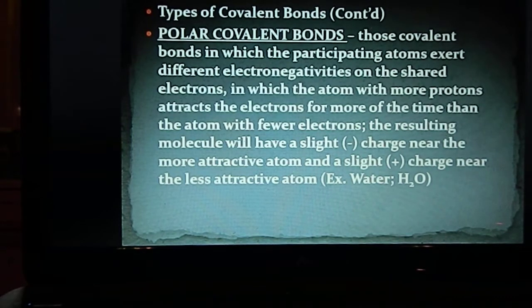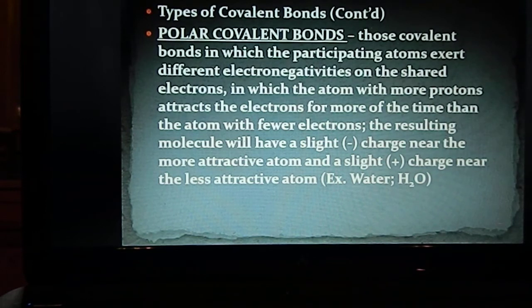However, when atoms of differing electronegativities are forming a particular molecule, sometimes there's an unequal electronegativity between the atoms, and if this happens, then there's unequal sharing of those outer shell electrons.